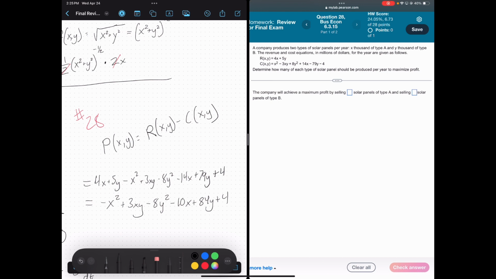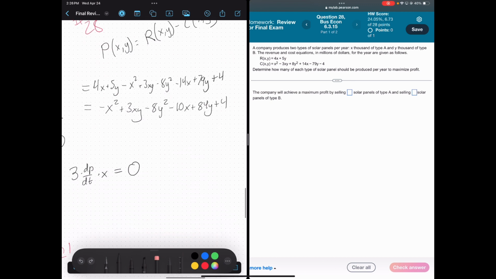Right? That's how it works with one variable. You have to find your critical values because your critical values are where your minimums or maximums can happen. How do I find critical points with multivariable functions? I take the partial derivatives and set both of them equal to 0. Okay. And clear some of this other stuff out.